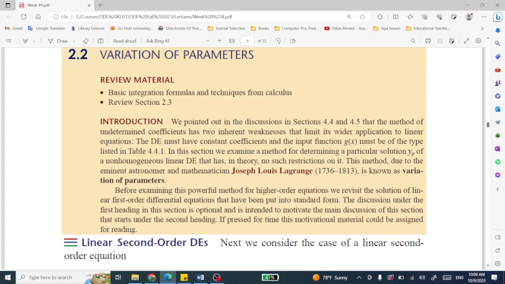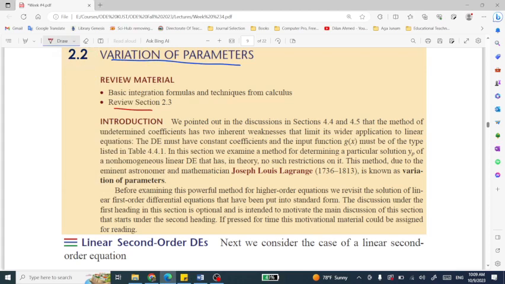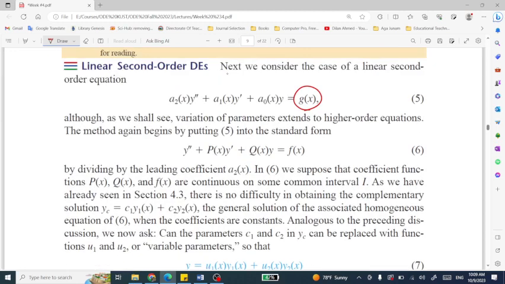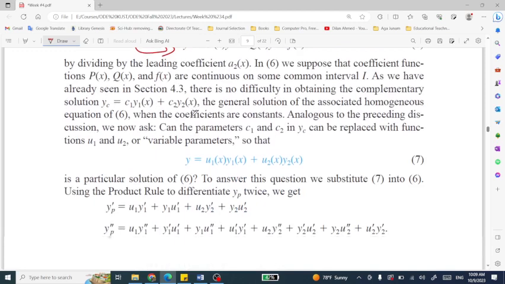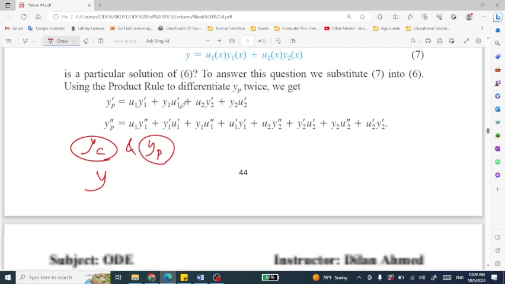We change to the standard form. You remember the standard form? Then we will get two solutions, yc and yp, which give the general solution. What is yc? It is the complementary solution. What is yp? It is the particular solution. So today we are going to cover all these together.